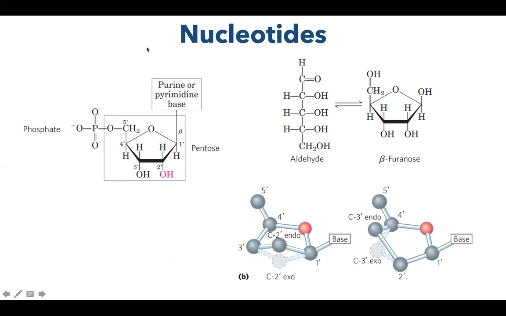So this is your 1' carbon, 2' carbon, 3' carbon, 4' carbon, and 5' carbon. So again, if the hydroxyl group attached to the 2' carbon is removed, that is a deoxyribose.